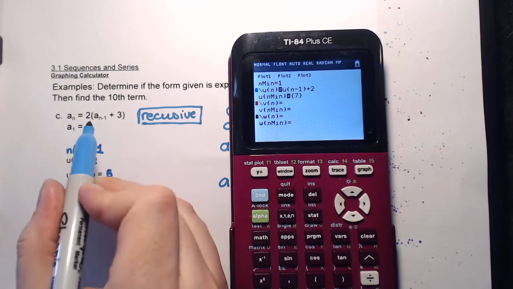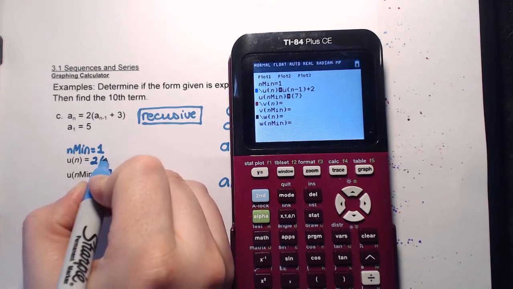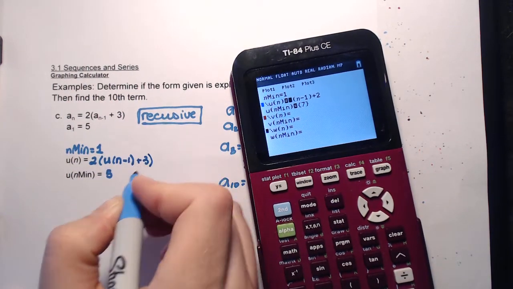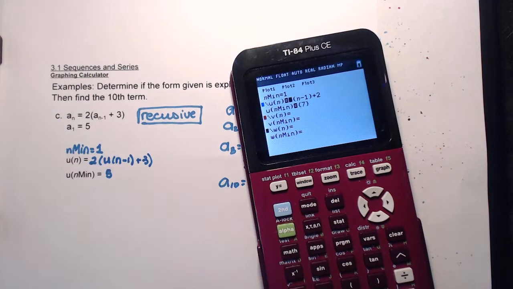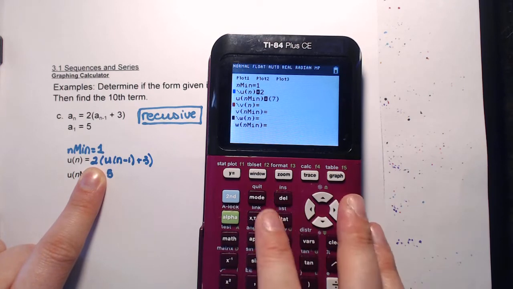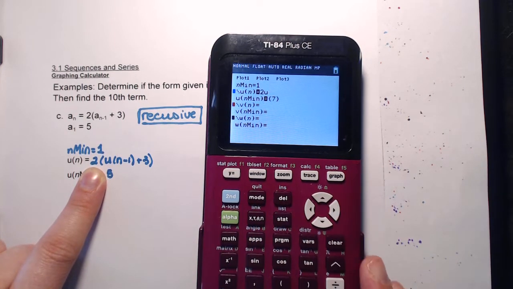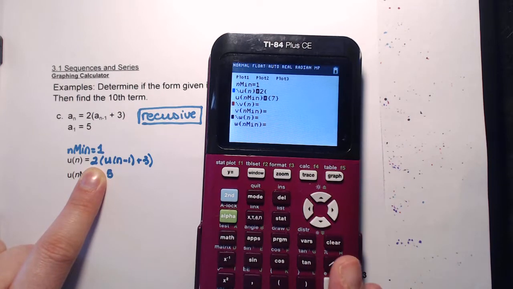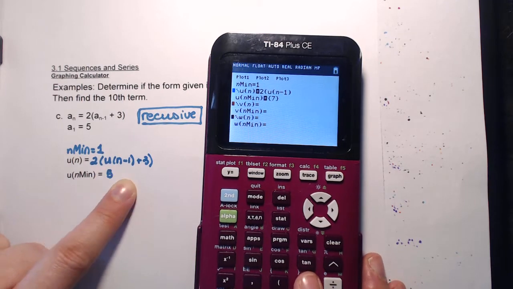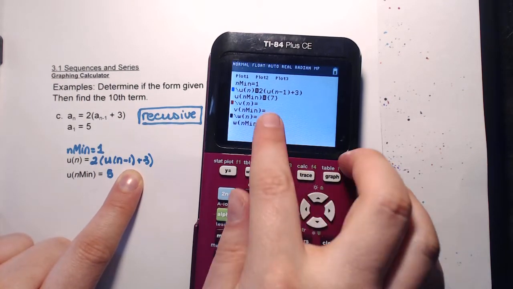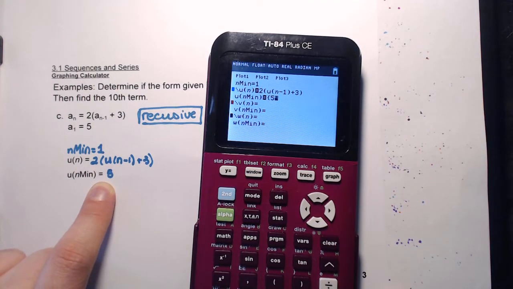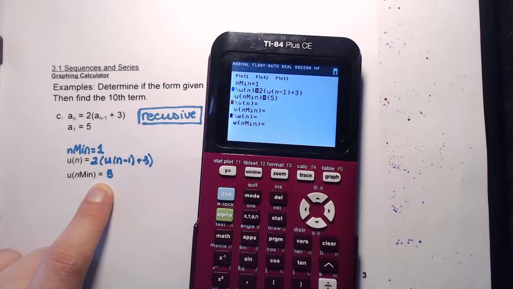So on the calculator, I need to say 2 times my previous term plus 3, and 2 is going to multiply this whole thing. So I'm going to type in 2 times u, parentheses, and then u, parenthesis again, n minus 1, and then add 3 to that, and then the 2 is multiplying the whole thing. And then our starting value, or our first term, is 5.